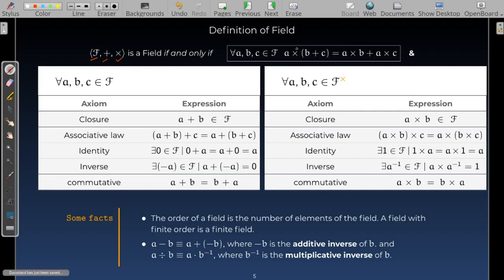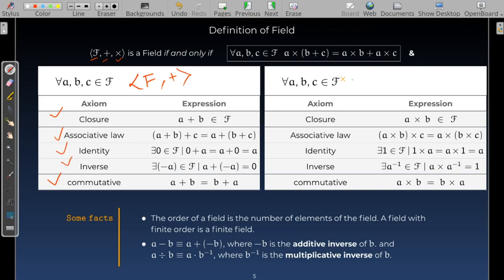At the same time, this group F with operation addition must be a commutative group, which means it should satisfy closure, associativity, identity and inverse. Apart from that, it should also satisfy the commutative law.